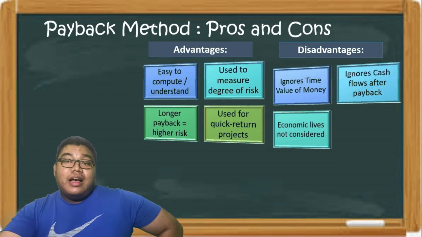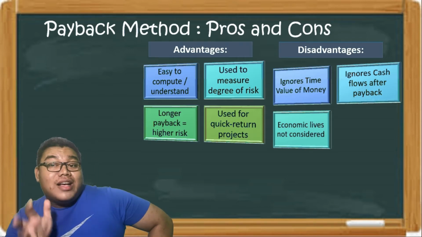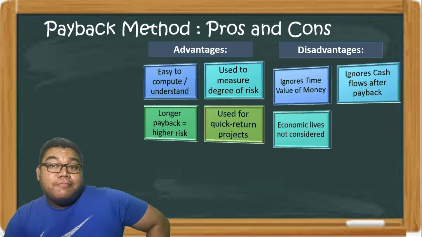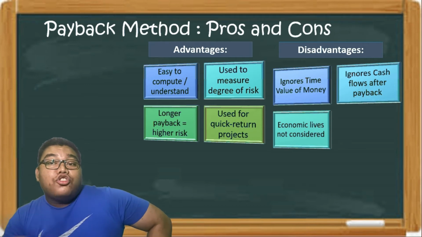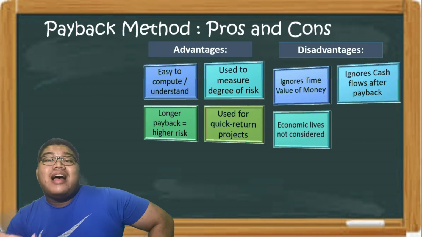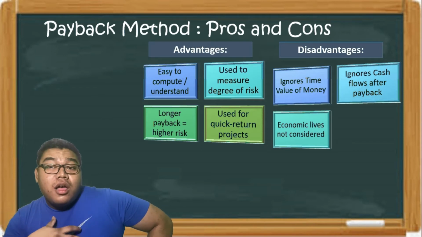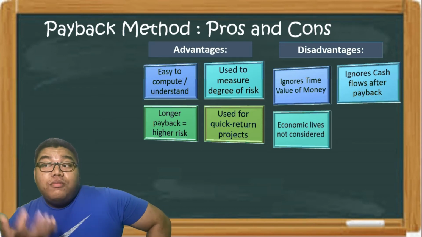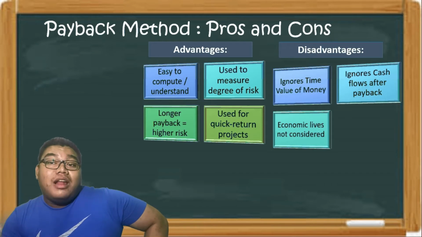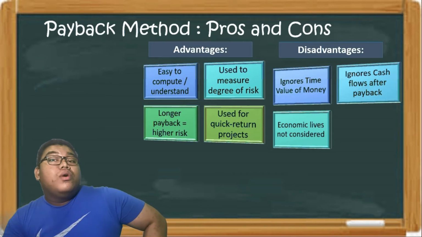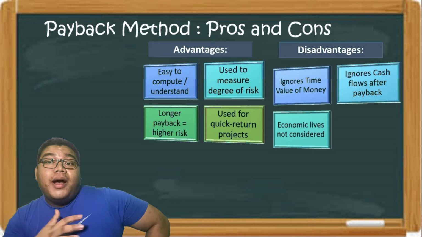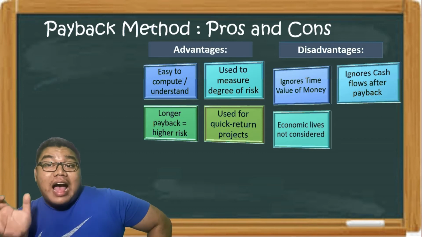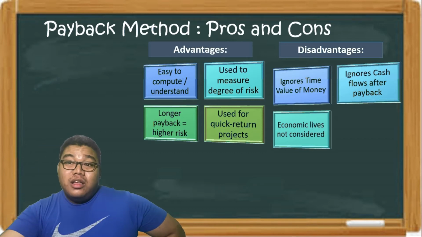So if you have a short lifespan of an investment and a long lifespan of an investment, if the shorter lifespan investment would have a lower payback period, it would most probably be the more acceptable investment than the one with a longer lifespan but a longer or higher payback period.